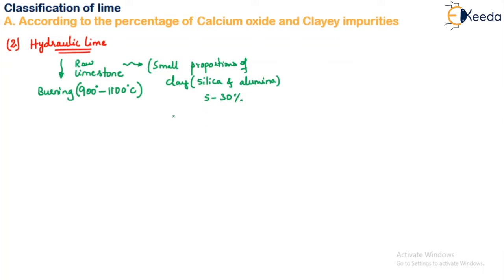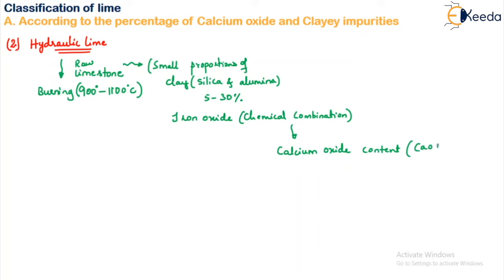And the calcium oxide content, that is CaO plus MgO, should be in the range of 70 to 80% with your MgO less than 5%. So this is how it is formed.